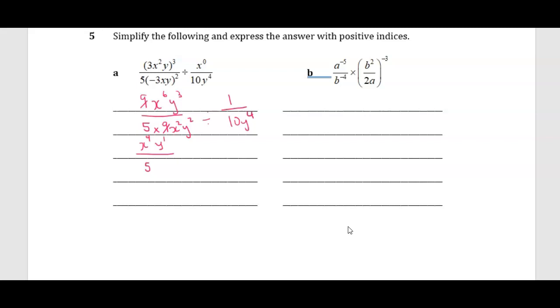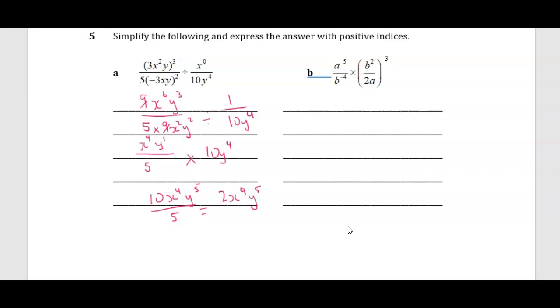And when we're dividing by a fraction, we multiply by its reciprocal, so 10y to the power of 4. And then we're left with 10x to the power of 4, y to the power of 1 plus 4 is 5 over 5. And then 10 over 5 is 2, so 2x to the 4, y to the power of 5.